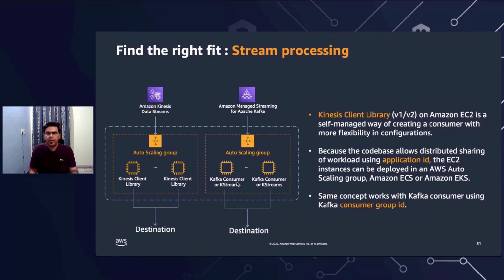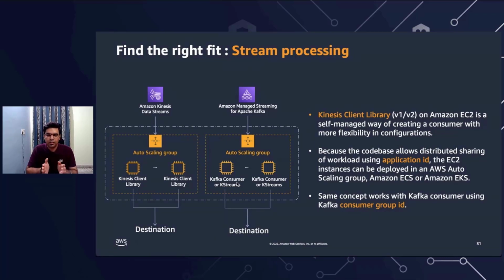That metadata management is what allows each and every EC2 instance to be aware of each other. So if you have a stream of 4 shards and you have 2 EC2 instances in the auto scaling group reading from those 4 shards, the shards are evenly spread between the two. So there is a load distribution that happens: 2 shards are mapped to one instance and 2 shards are mapped to the other instance.